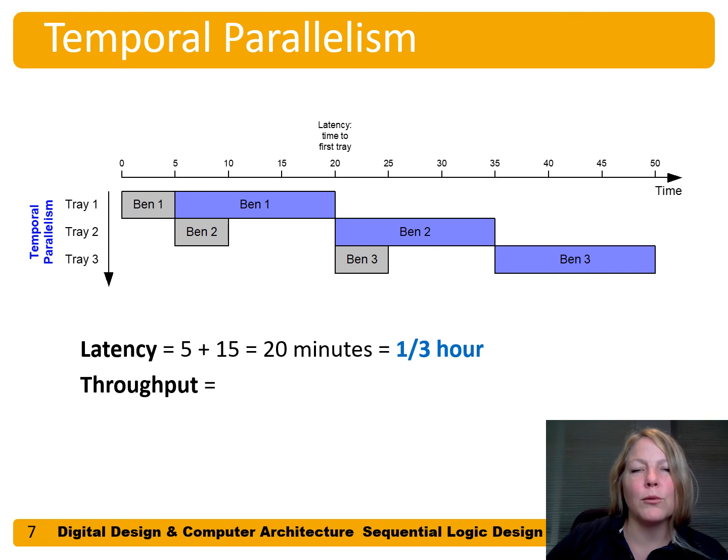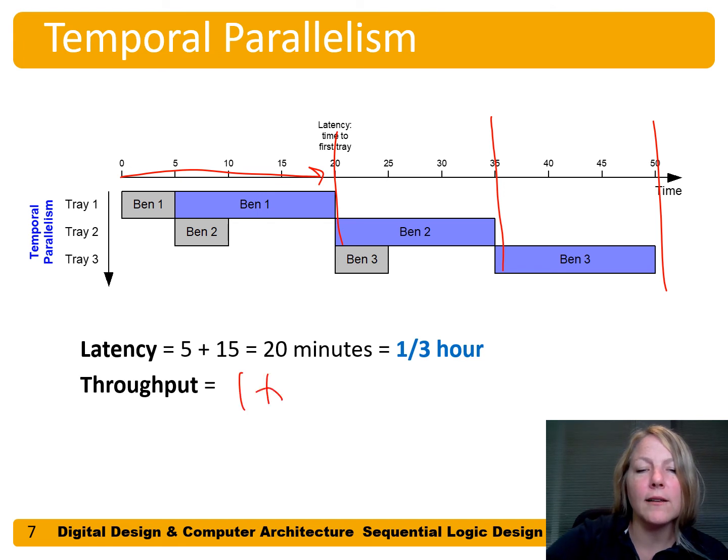But let's think about the throughput. After the first batch of cookies, he's going to be getting out a new tray of cookies every 15 minutes. And so the throughput is 1 tray per 15 minutes, or 1/4 of an hour.